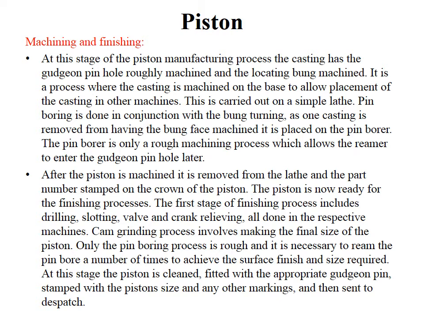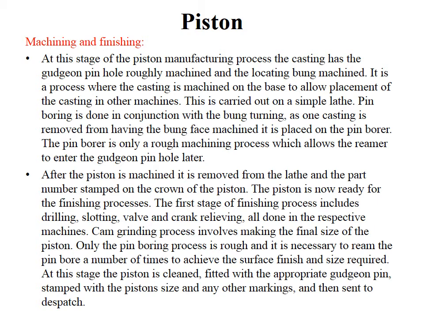For the first stage of finishing, you'll have processes like drilling, slotting, valve and crank relieving. All these will be done, after which grinding is the final process. A cam grinding machine is used to make sure that the piston has accurate dimensions. It's a very precise component, right? That is important.